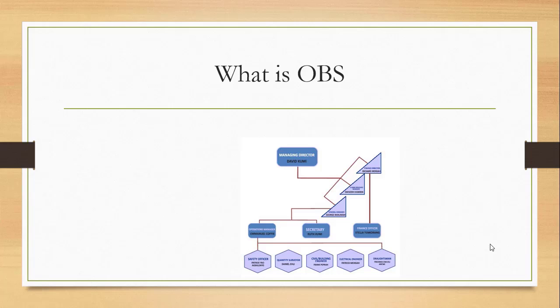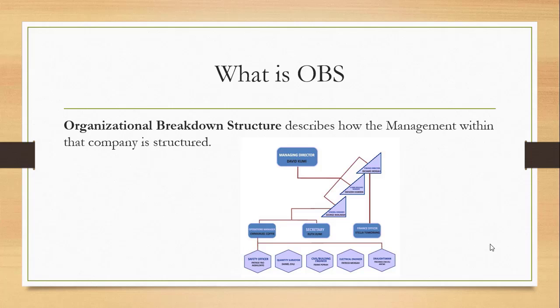Let's look at the organizational breakdown structure. The organizational breakdown structure describes how the management within the company is structured. Over here, we can see the managing director on top down to the draftman. Each of these positions is assigned to a different person within the management team.